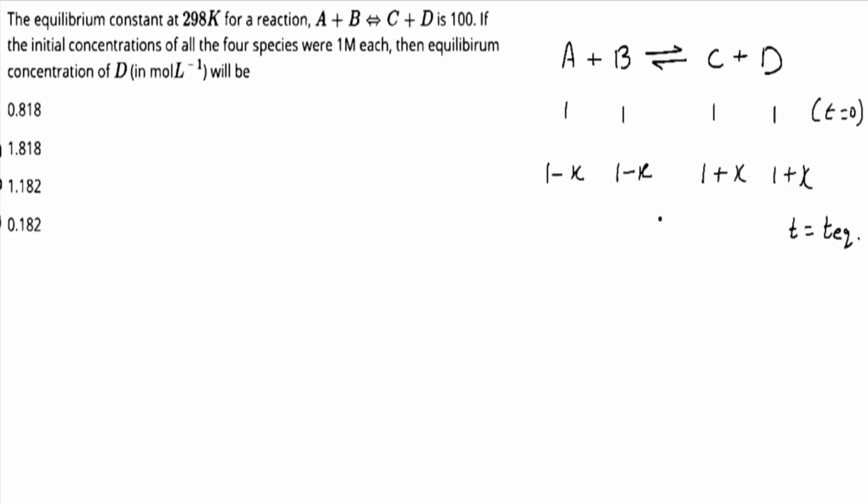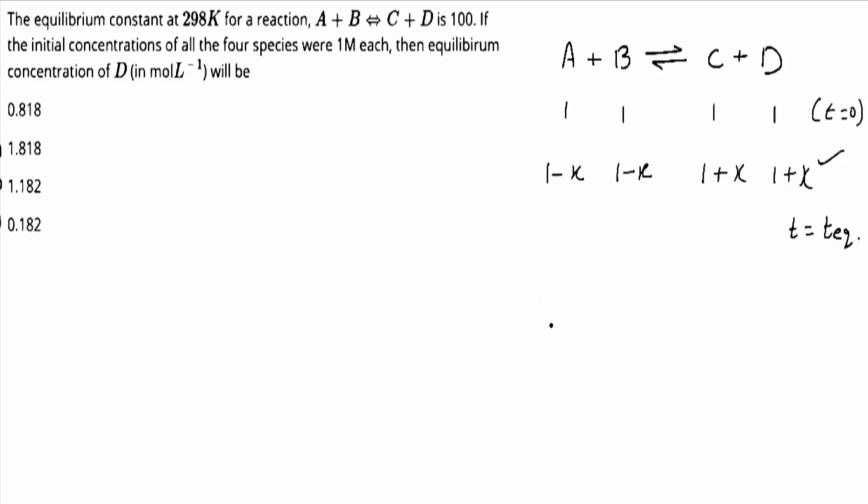But we have to find the concentration of D at equilibrium, so we have to find this value. For this we have to calculate the value of x. Here we know the equilibrium concentration constant Kc.